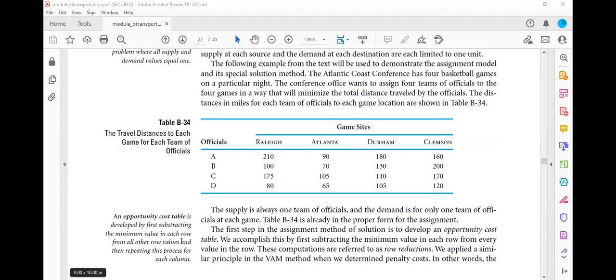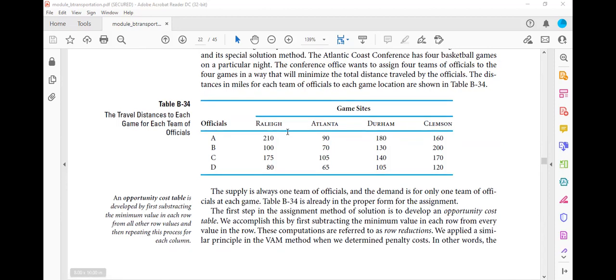So sa opportunity cost table, ang first step dyan is to look for the lowest cost per row. Like dito, if you look at the official A, saan ba siya pinakamalapit? Sa Raleigh, sa Atlanta, sa Durham, or sa Clemson? Sa Atlanta, di ba? So lowest kasi yung distance traveled niya sa Atlanta.